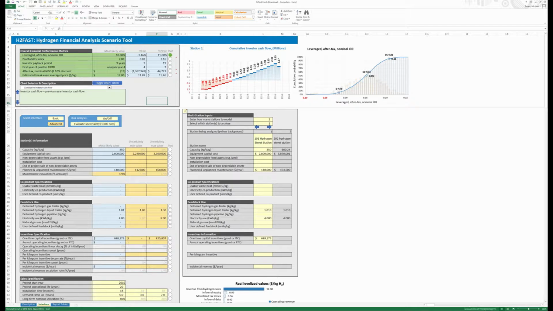We can look at also the input distribution. So if we look at our capital costs, this is the values that's in I guess subdued orange color. You can see the distribution, but you can the 5th percentile was 2.4 million, 50th was 2.8, and 95th percentile $3.2 million for capital.